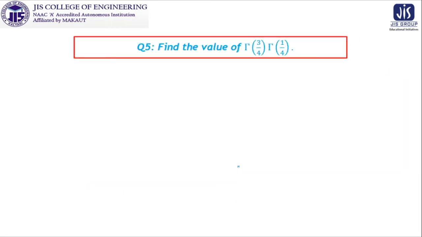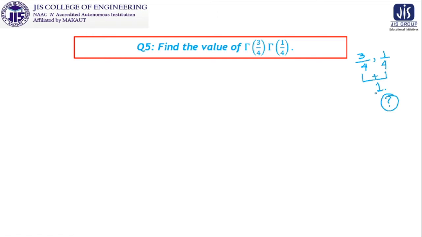So the next problem is to find out the value of gamma 3 by 4 into gamma 1 by 4. It also has a clue: we have a relationship between 3 by 4 and 1 by 4, that if we add them we will get 1. So is there any formula in the gamma function table which gives us some structure with n and 1 minus n?